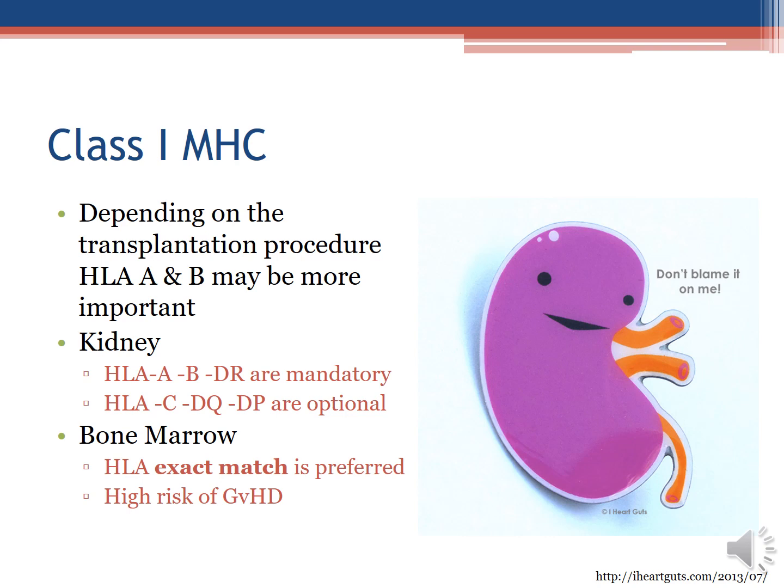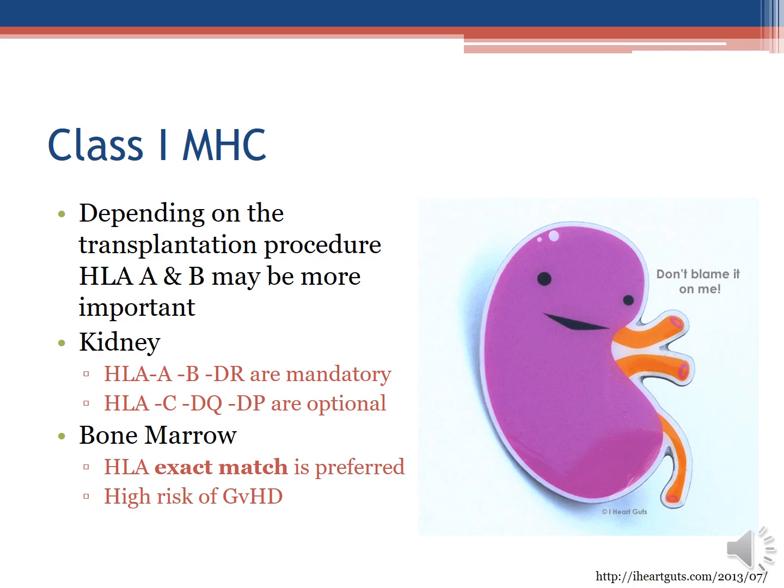When we are doing a transplant, we want to make sure that we have HLAs that typically match. If we have an exact match, that would obviously be ideal. But since our MHCs have a wide range of variability, it's very hard to find that perfect match. Depending on the transplant procedure, certain HLAs may be more important than others.